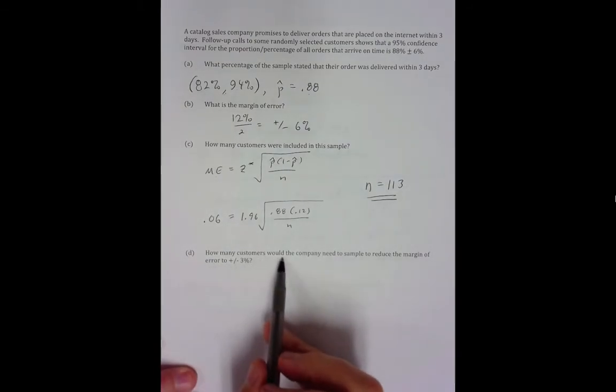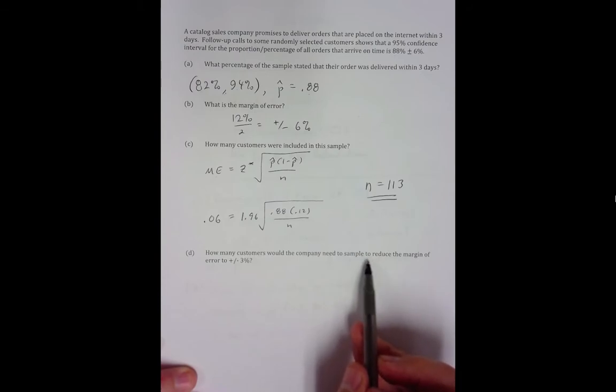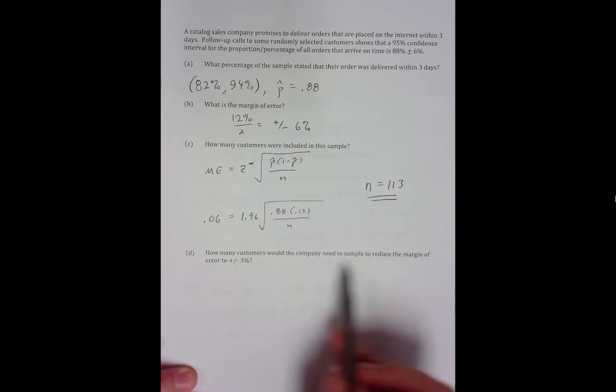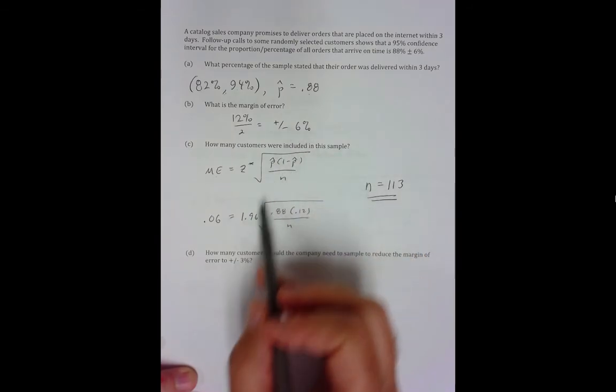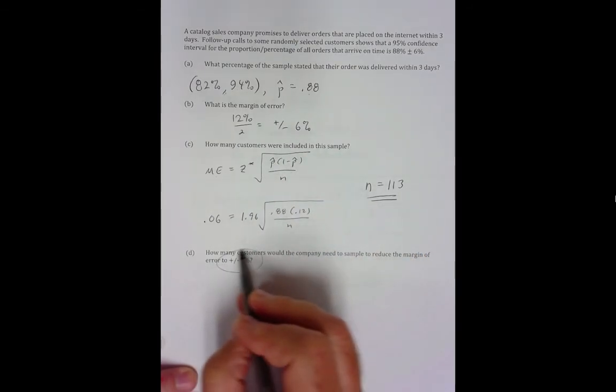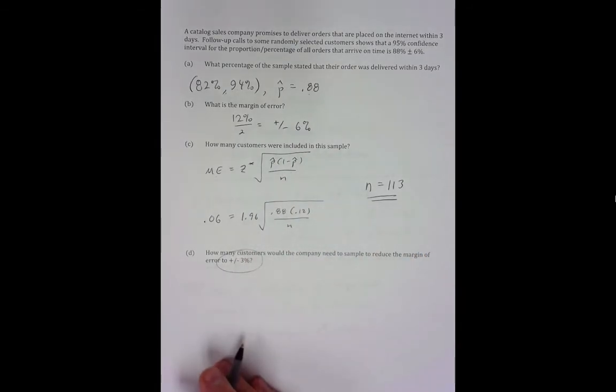How many customers would the company need to sample to reduce the margin of error to 3%? So in other words, cut it down to half. Now, we don't always seek to cut this in half, but in this case, they want to reduce it to 3%.